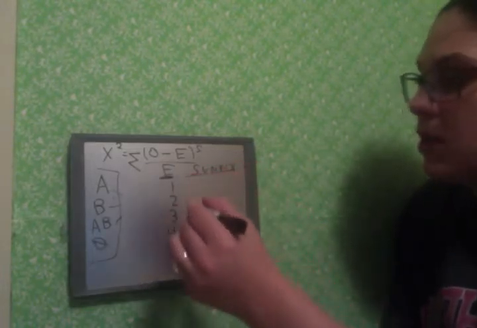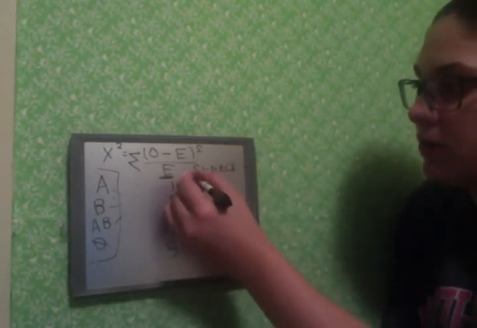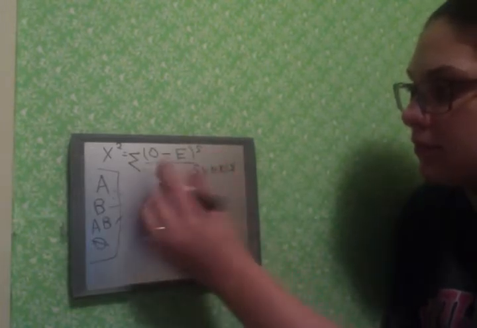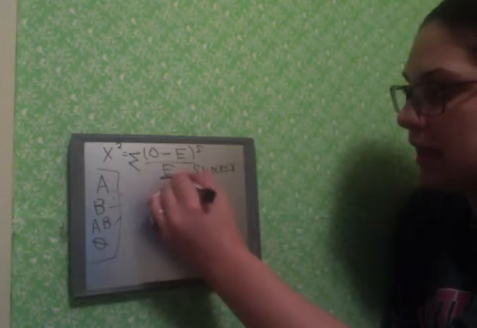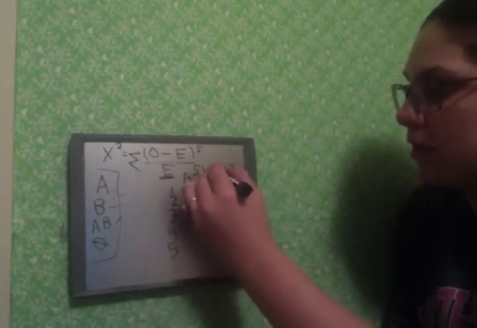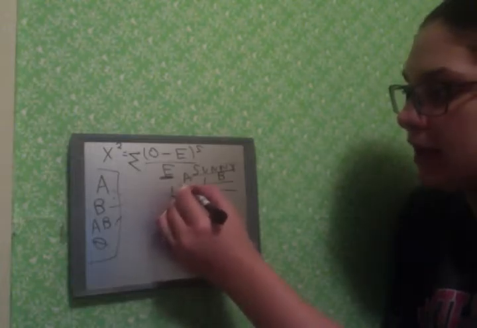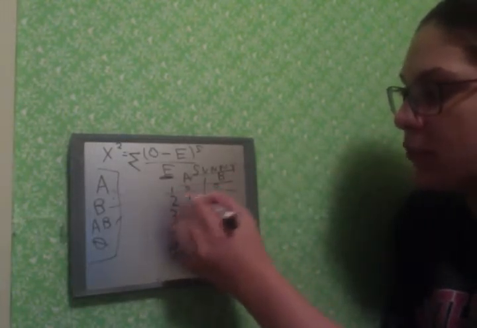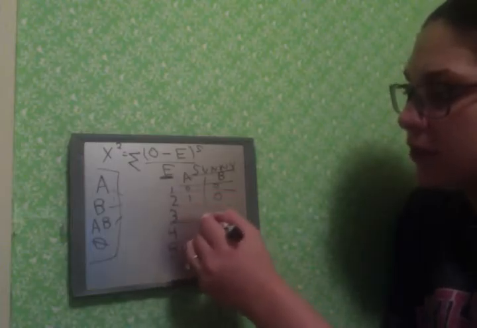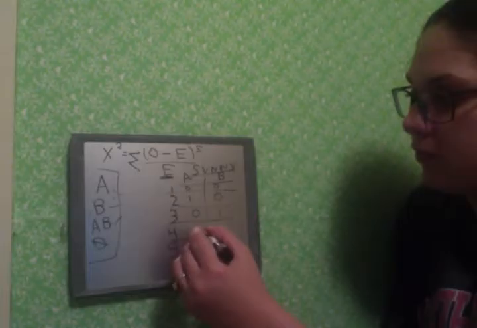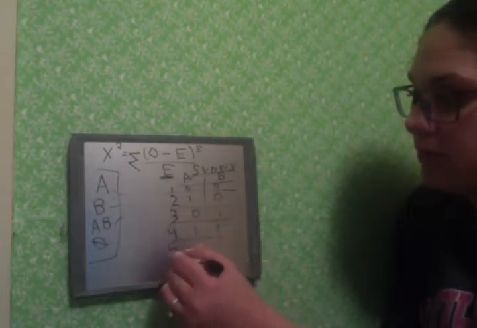Okay, so let's just say in 1 for column A, and then column B. Let's just say for 1 you have 0, 0. And for 2, let's say you have 1, 0. For 3, you have 1, 0. And for 4, you have 1, 1. And for 5, 0, 0.